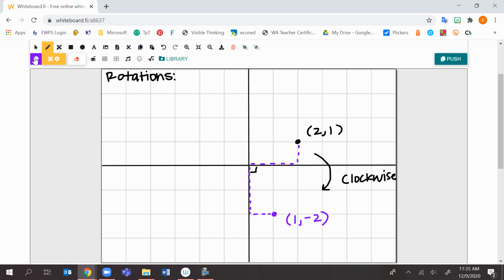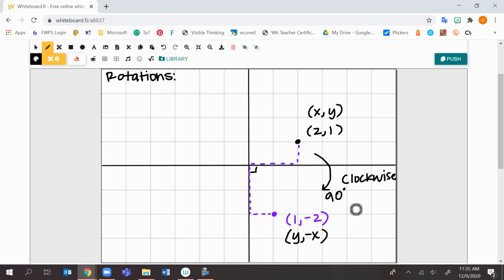So the rule here, the general rule, is if this is x comma y, what happened was my y value became my x, and then my x value became my y, and became negative, or changed sign, as you should say. Now, please take notice that this rule is only for rotating around the origin, okay? So this was a 90 degrees clockwise.